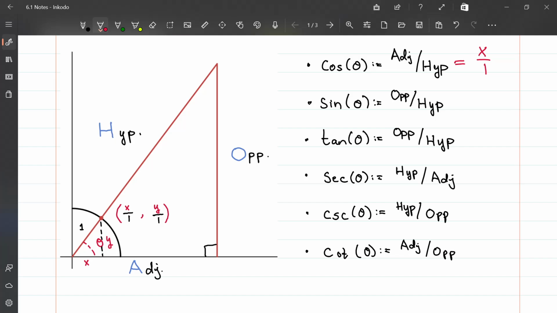It's one of the properties of similar triangles. So in fact, the definitions that we've given here for cosine, sine, etc. are exactly the same as the definitions that we've been given before.